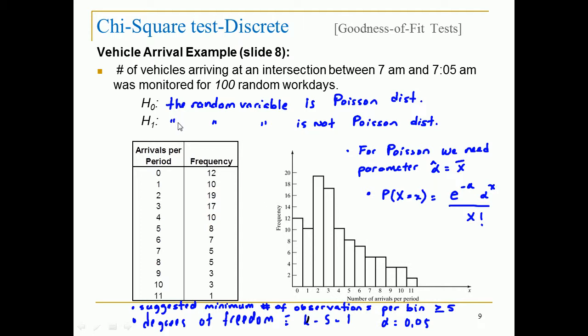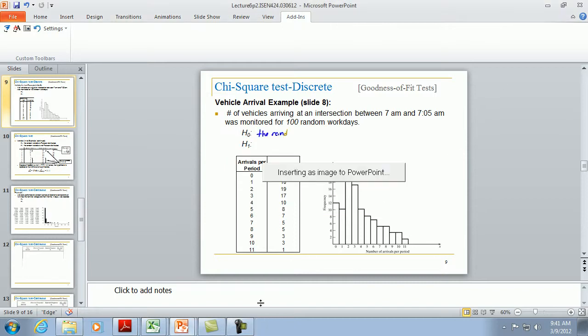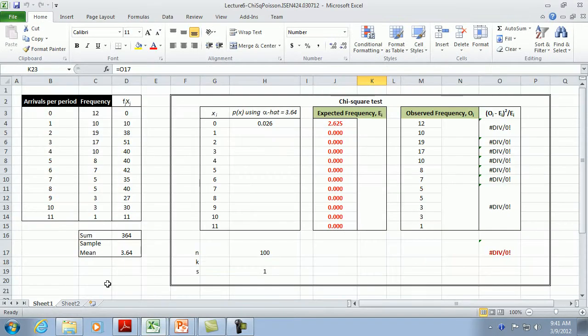So in order to solve this problem using the chi-square test, I'm going to show you how to perform this test using Excel. So this file that I'm going to show you here is available under the 424 folder in the shared drive.